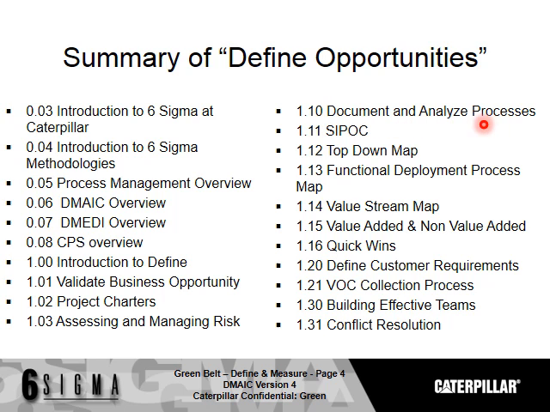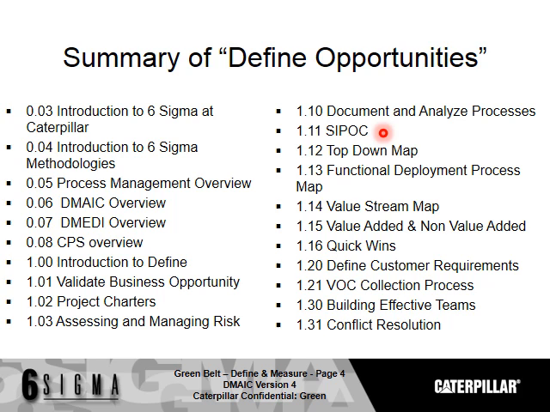Document and analyze processes. As we try to improve an existing process, we need to have a baseline to improve from. So this baseline, the standard to improve from, comes from documenting a process, then analyzing to identify how and where to improve. SIPOC, a specific type of process map, comes under analyzing process.